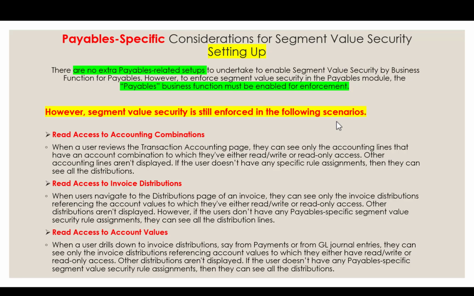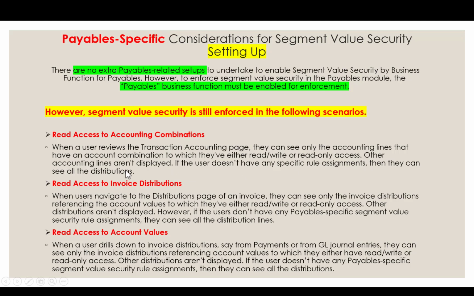As we said, you just have to select payable business functions. And there are a lot of things, as segment value security is still enforced in the following scenarios: read access to accounting combination. So when users review the transaction accounting page, they can see only accounting lines that have an account combination to which they have either read write or read only access.